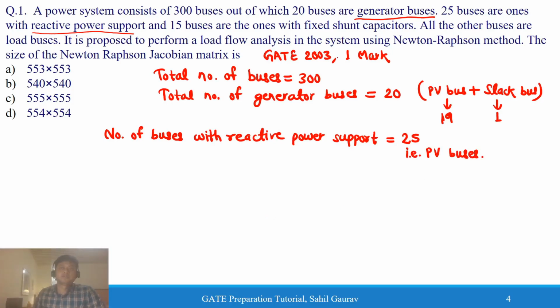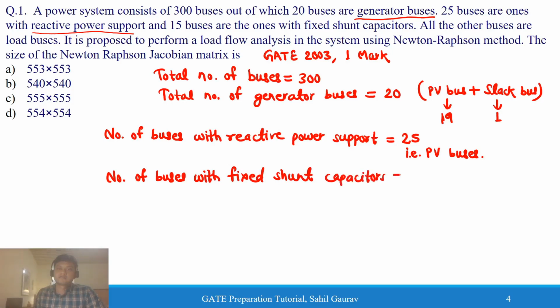Now the number of buses with shunt capacitors. Will it come under PV bus or PQ bus? Anil, can you tell the number of buses with fixed shunt capacitors? PQ.